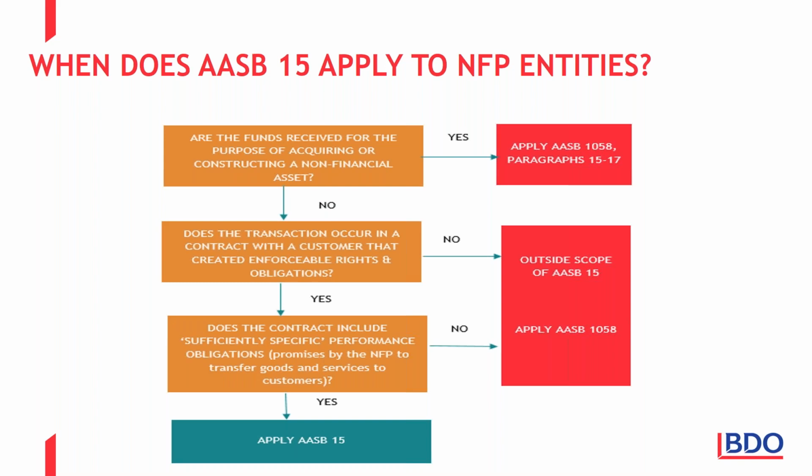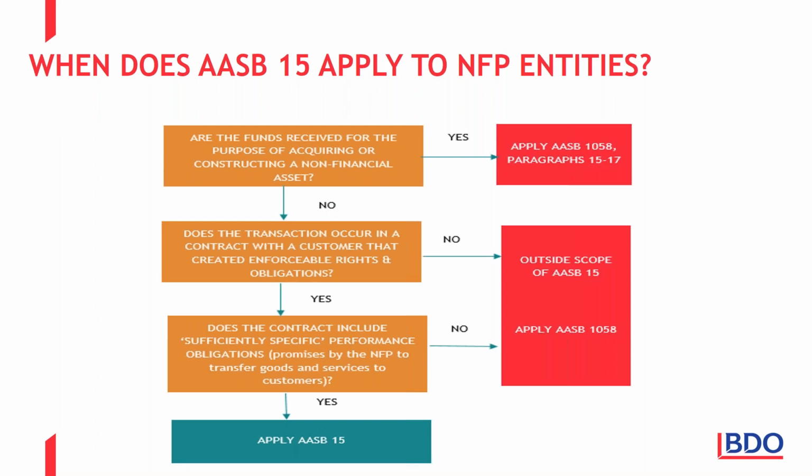Now, another thing that I just want to highlight here is a number of not-for-profit entities have this vision or this dream that they want to apply AASB 15 because they believe once they get to AASB 15, they would automatically be required or allowed to recognize revenue over time.